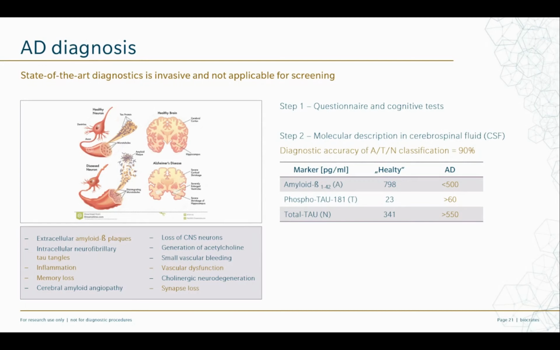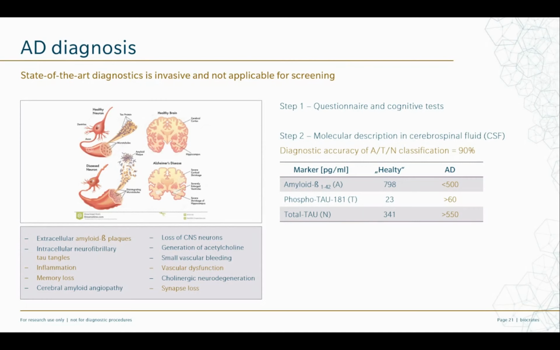These markers can be assessed both in cerebrospinal fluid, CSF, and by neuroimaging. But only if all 3 ATN parameters are rated positive, that means above, or in the case of amyloid beta in CSF, below the respective cutoff value, and the clinical diagnosis from step 1 is positive as well, a patient will be diagnosed with Alzheimer's disease.